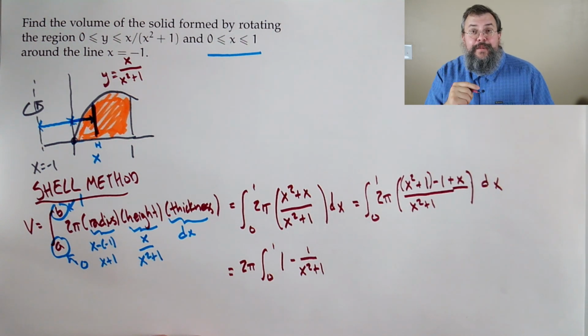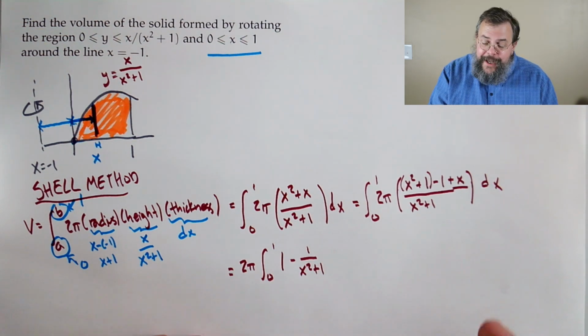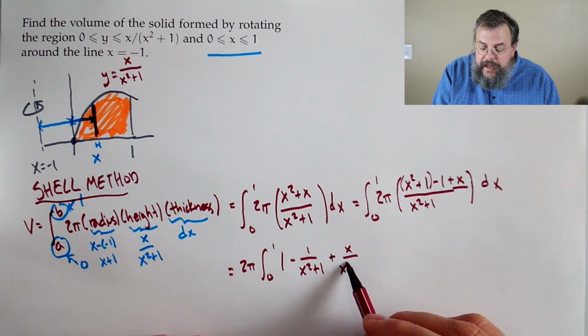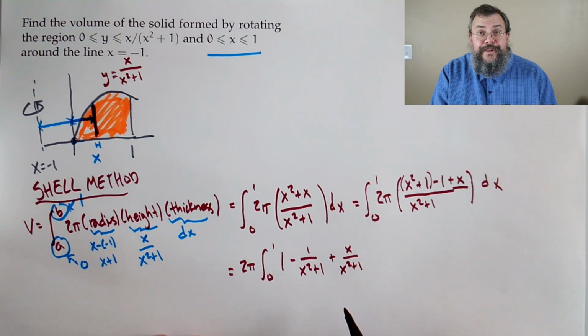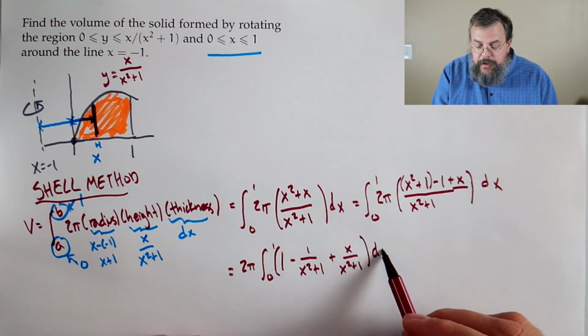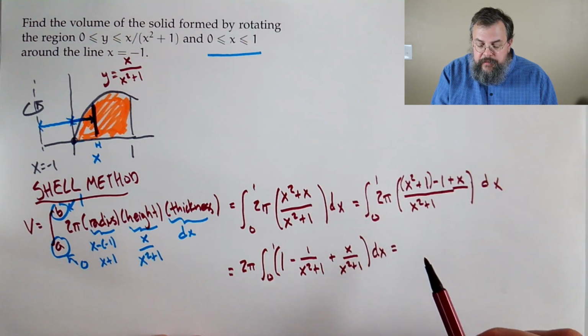It's one of our 10 basic integrals that we know by heart, and one of my personal favorites, arctangent. Oh, what a great integral. Okay, and then there's the x over x squared plus 1. And this one turns out to also be pretty nice. Okay, indeed, we can actually go through and do these integrals.